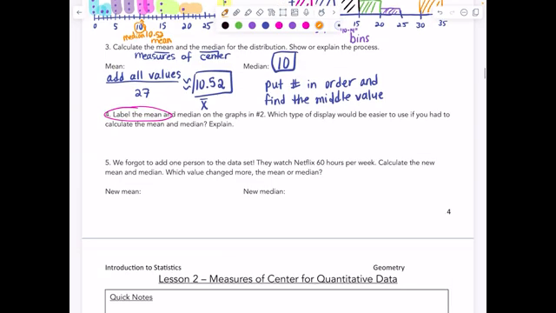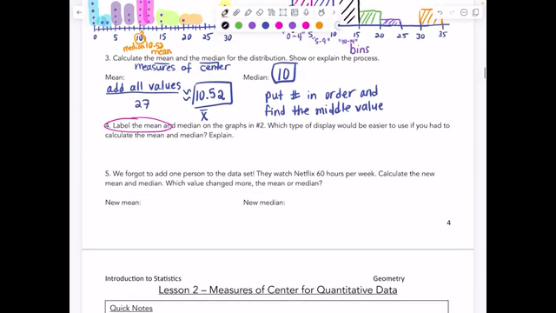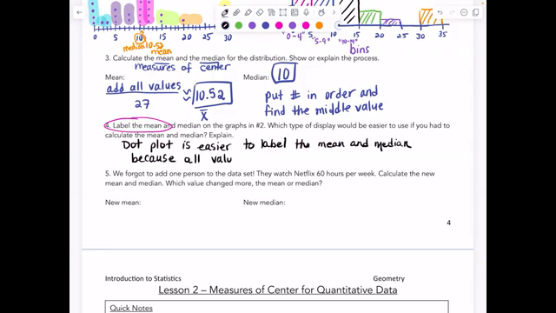Which type of display would be easier for you to use if you had to calculate the mean and the median? My response to this is that the dot plot is easier to label the mean and the median because all values are shown.